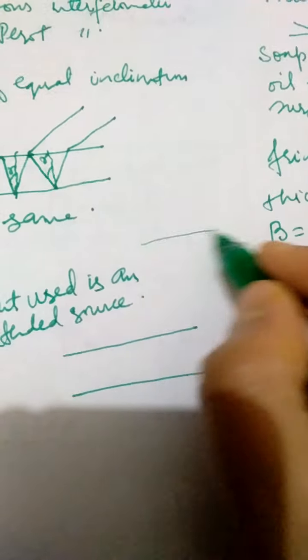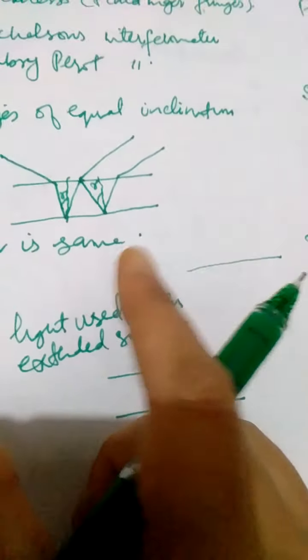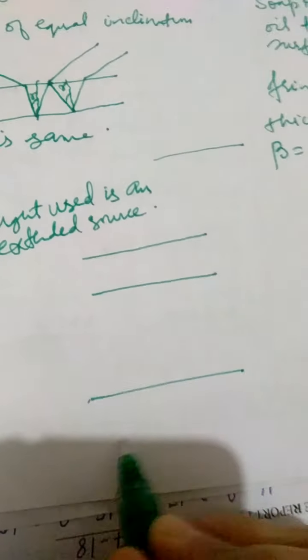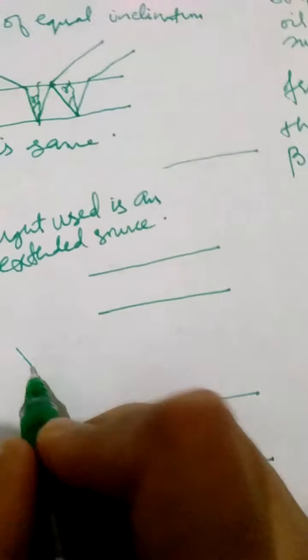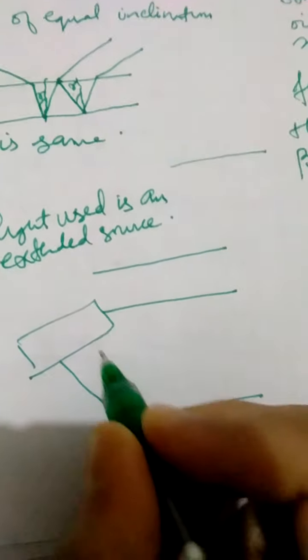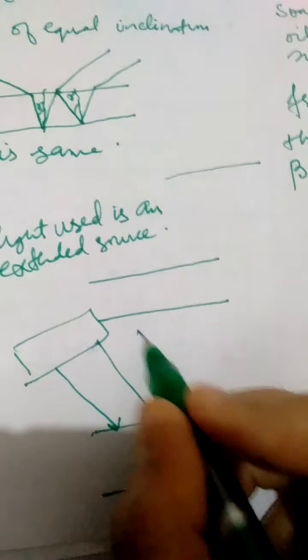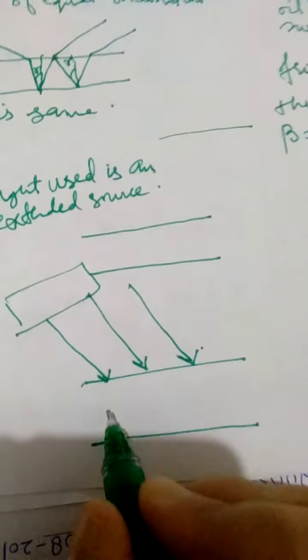Because on the screen, if you want to observe a broader, clear interference pattern, you need to have an extended source of light. For instance, let me again draw it, right? So from an extended source of light, you have different rays that are inclined at a given angle. Remember that the angle of incidence is the same. It is for that reason that the angle of refraction is the same, right?